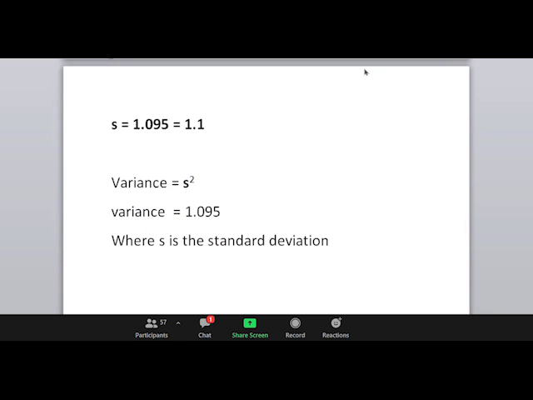So write squared. What do we get? 1.21. We get 1.21. So this is squared, about 1.2.